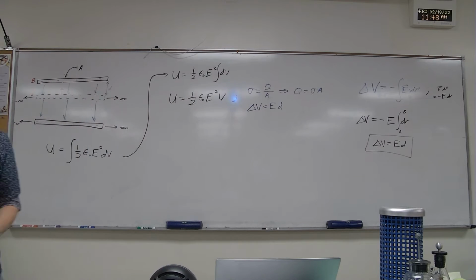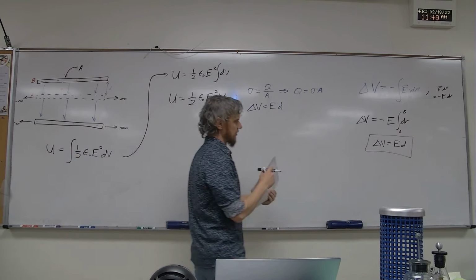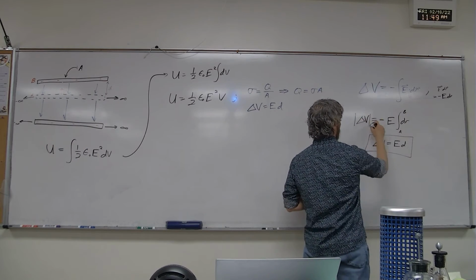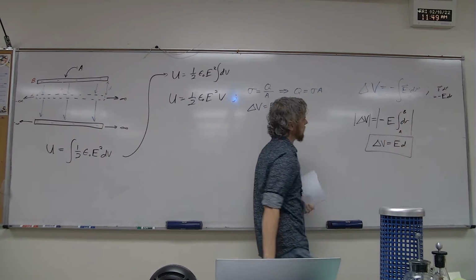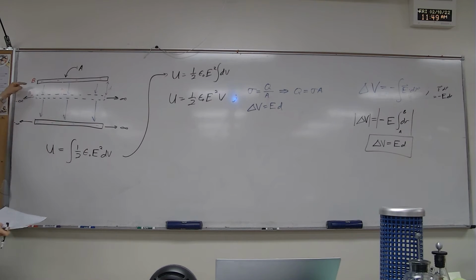I asked for the negative one, but it's just a magnitude, I guess. Yeah, let's just talk about the magnitude. Because again, the potential here is higher than the potential here because we're closer to the positive charge. So the potential difference, VB minus VA, will be positive, but VA minus VB will be negative.